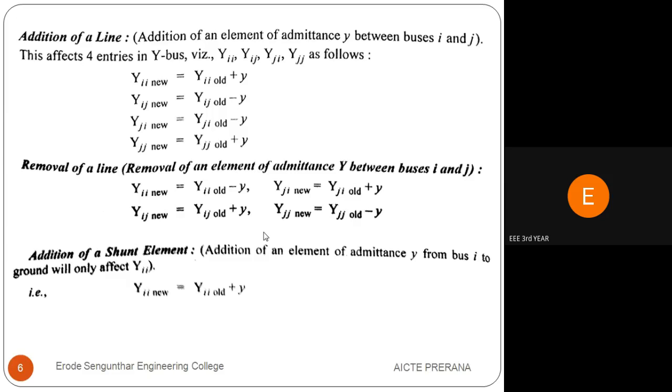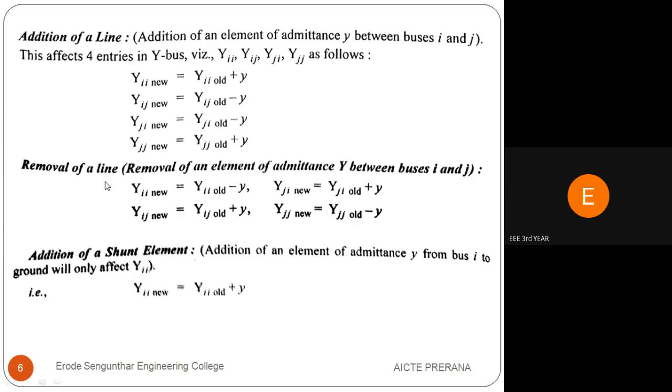You can say that is mentioned here, that is Yii new is equal to Yii old plus the added element Y. So please keep it in mind: for adding any element to a node or in a network, you have to add that element to the diagonal value, whereas for the non-diagonal value, you have to subtract it.